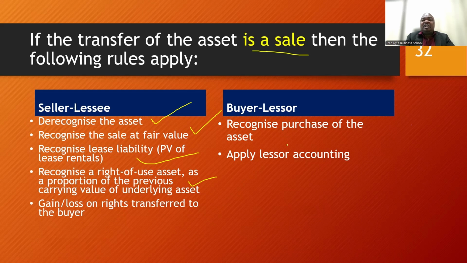Now, what about the buyer lessor? He recognizes the purchase of the asset, right? You need to recognize this purchase of the asset and apply lessor accounting depending on whether he chooses to account for the transaction as an operating or as a finance lease. So lessor accounting.